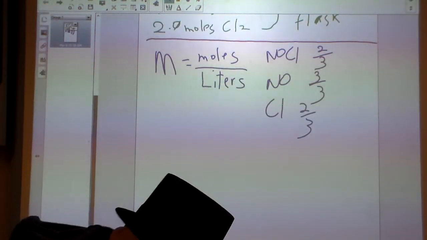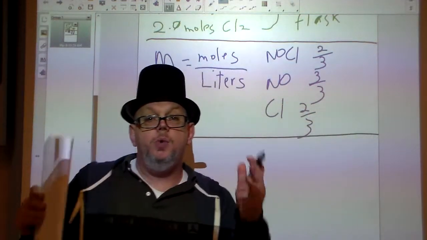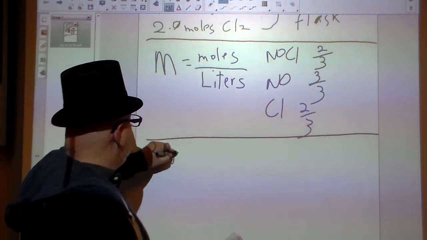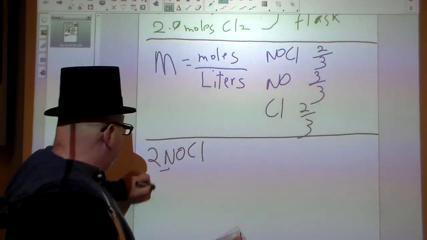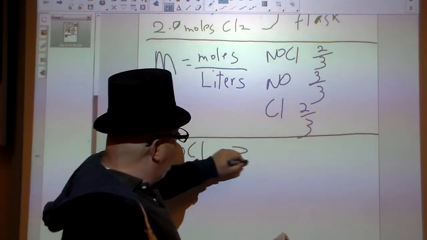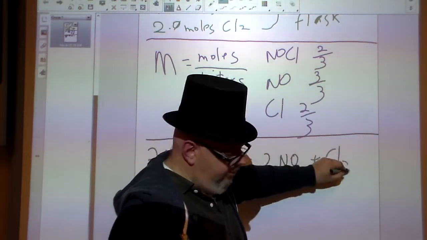We are going to have concentrations, and this is what it's going to look like. So we went ahead and found the concentrations. Our 2 NOCl gives us a 0.67 concentration, and it's going back and forth for 2 NO plus Cl2.